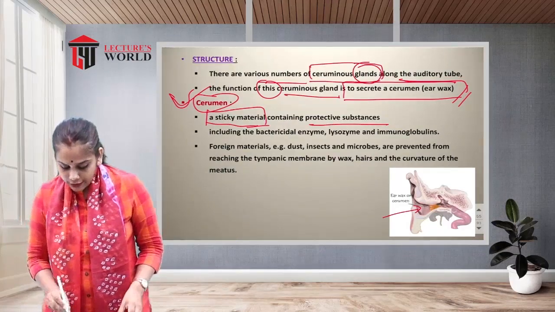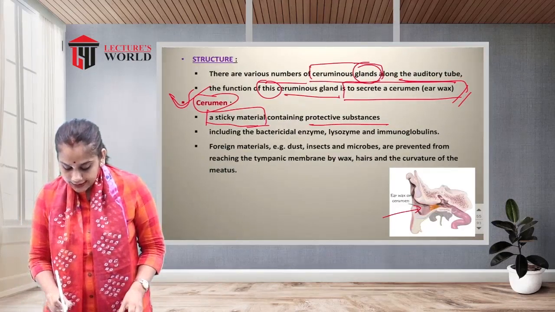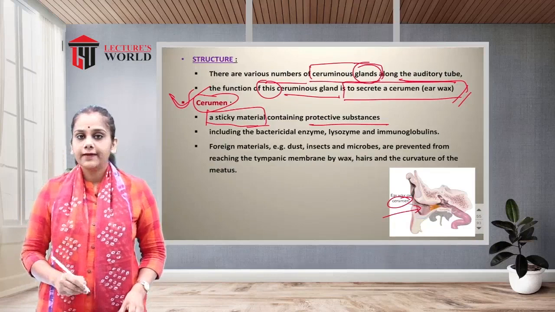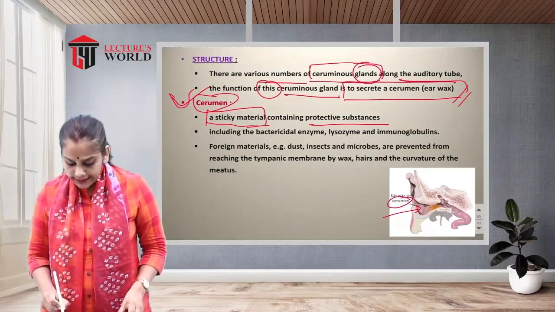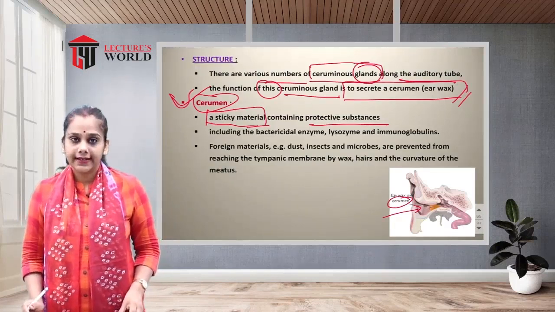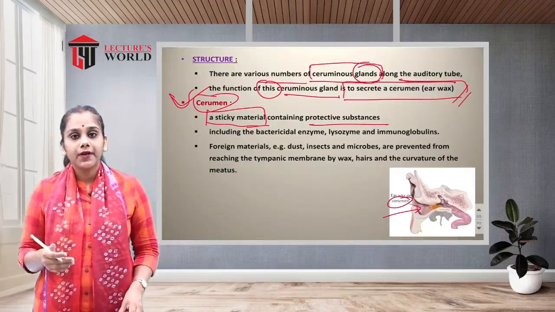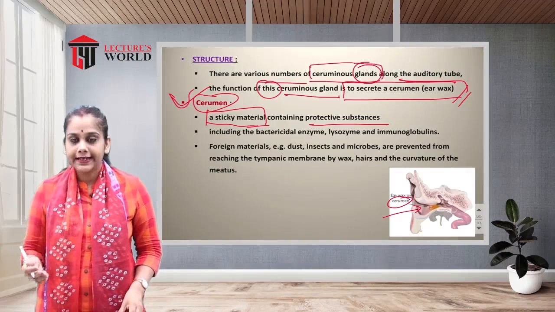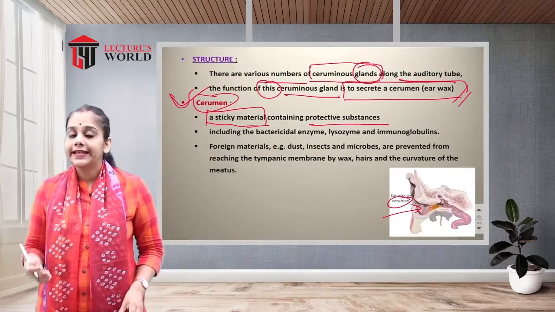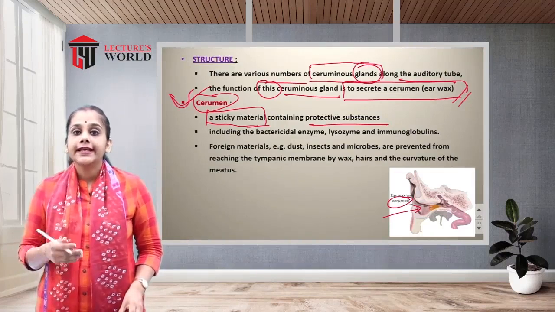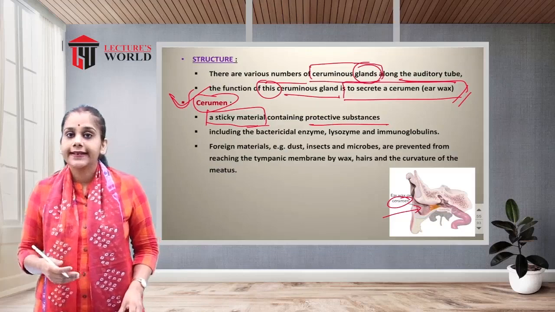You can see in the figure, in yellow color, there is cerumen. In the lining of the canal wall, there are a number of ceruminous glands, and they produce cerumen daily into the auditory canal.